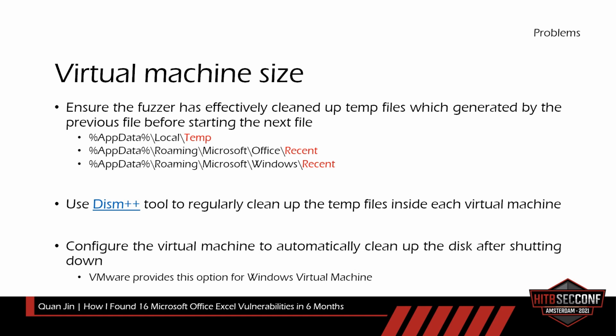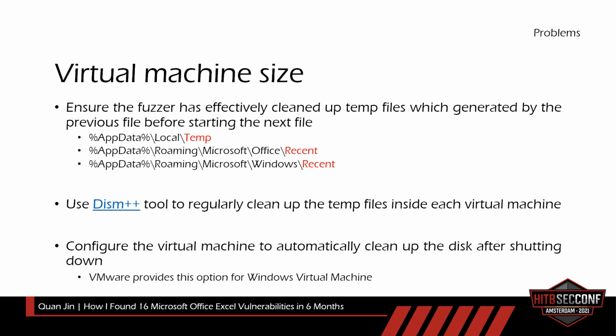In addition to the above operations, I also use the DISM tool to regularly clean up the temp files inside each virtual machine, and configure the virtual machine to automatically clean up the disk after shutting down.